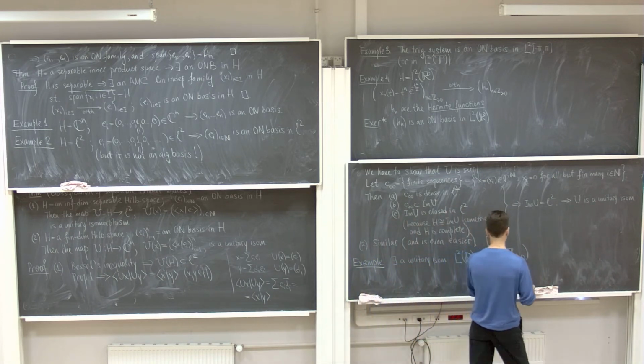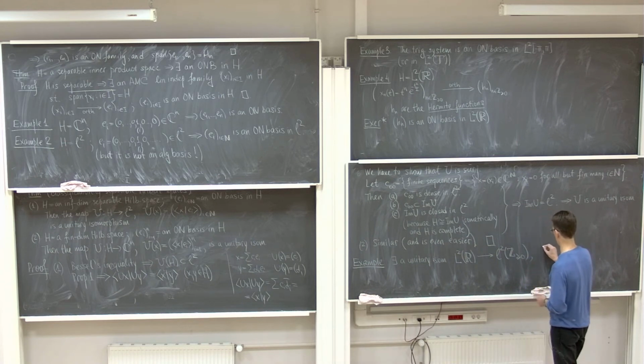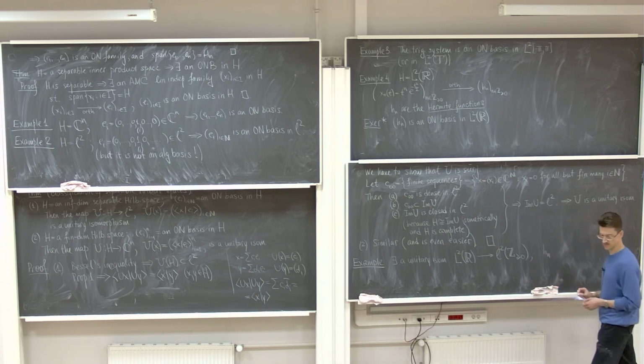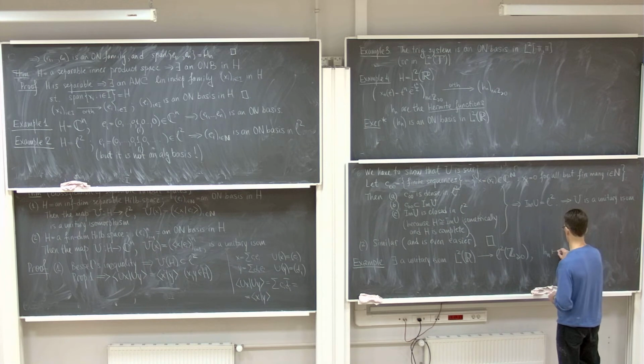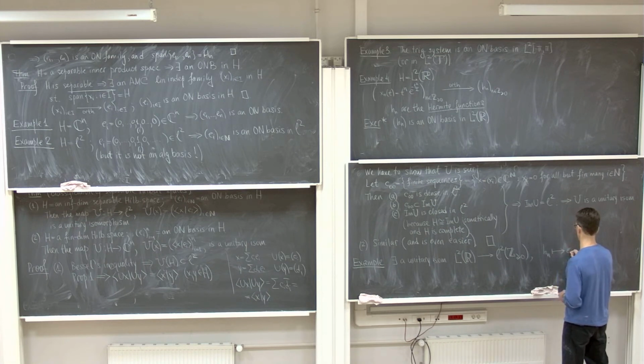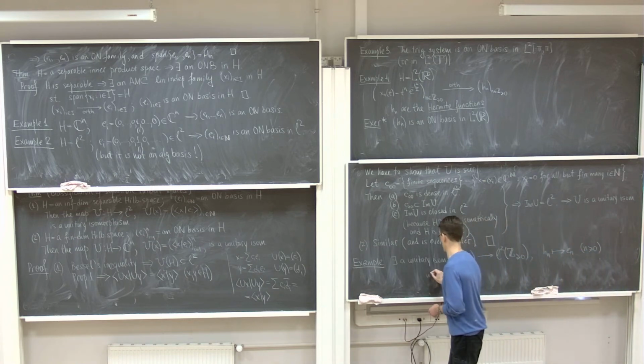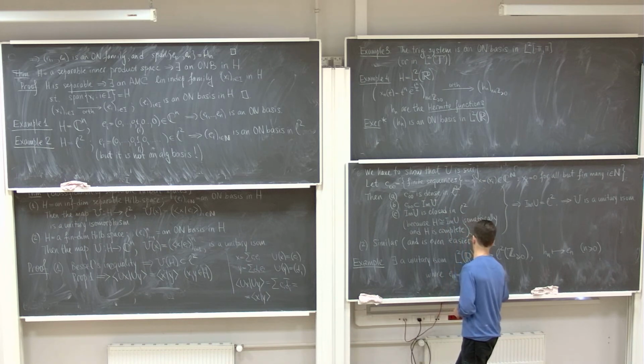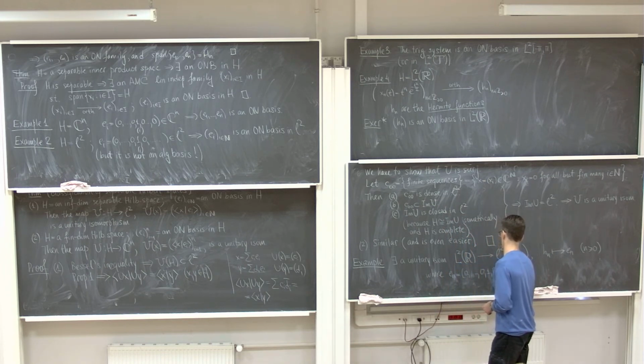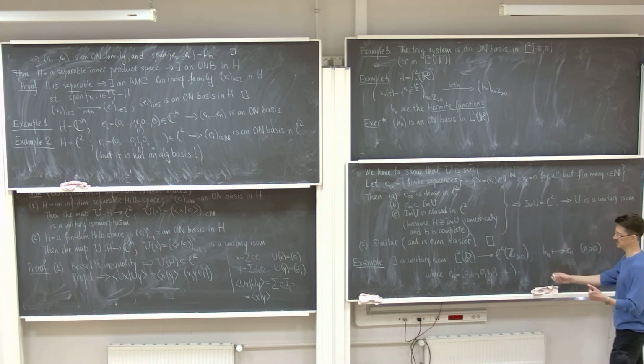So there is a unitary isomorphism which takes the nth Hermite function to the nth vector of the standard basis in the little L2 space. So as before, En is the following element. This is just a special case of this theorem.